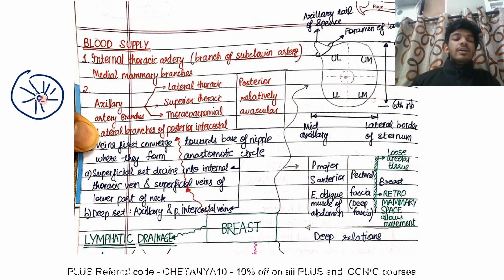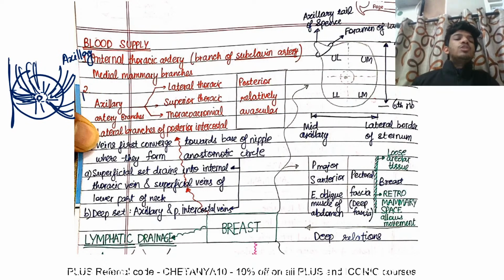The superficial set of veins drain into the internal thoracic vein, and also into some of the superficial veins of the lower neck. The deep set of veins go to the axillary vein and the posterior intercostal veins.